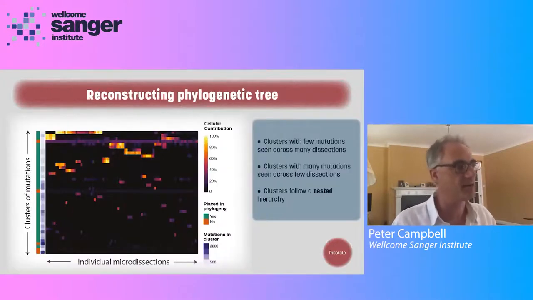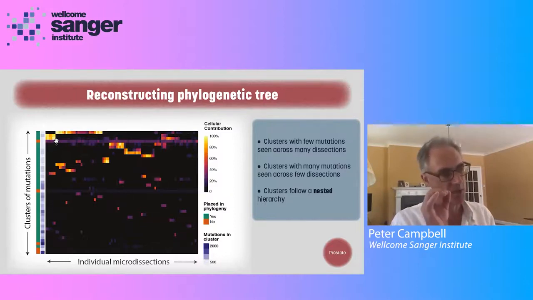So this represents a heat map of mutations. Each of the columns represents an individual microdissection from one bit of a ductal unit, and the rows represent clusters of mutations, and the color is the cellular fraction of cells within that microdissection that carry that cluster of mutations.